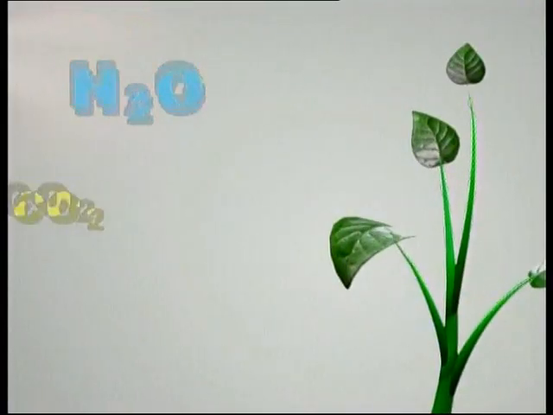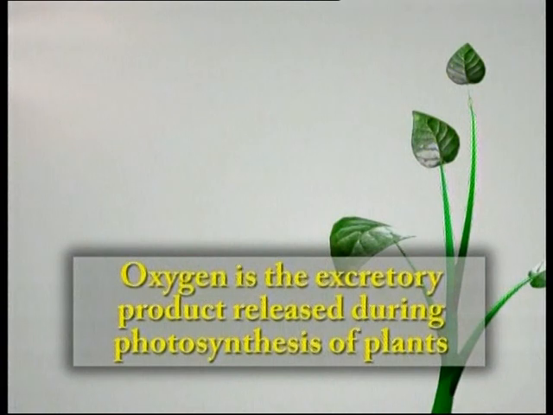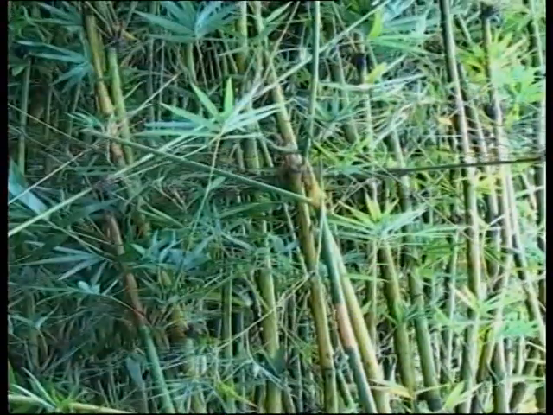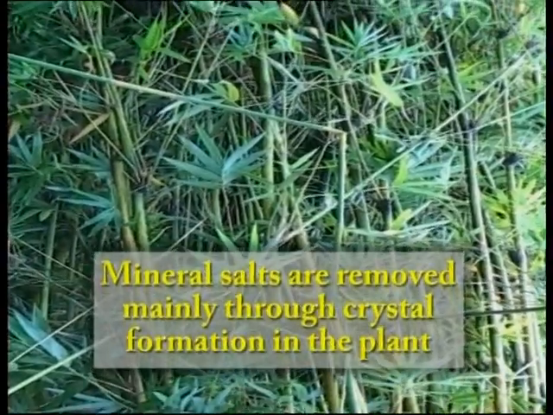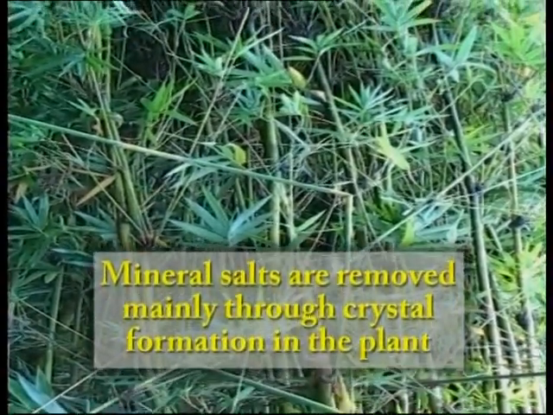Number 16. Oxygen is the excretory product released during photosynthesis of plants. Number 17. Mineral salts are removed mainly through crystal formation in the plant.